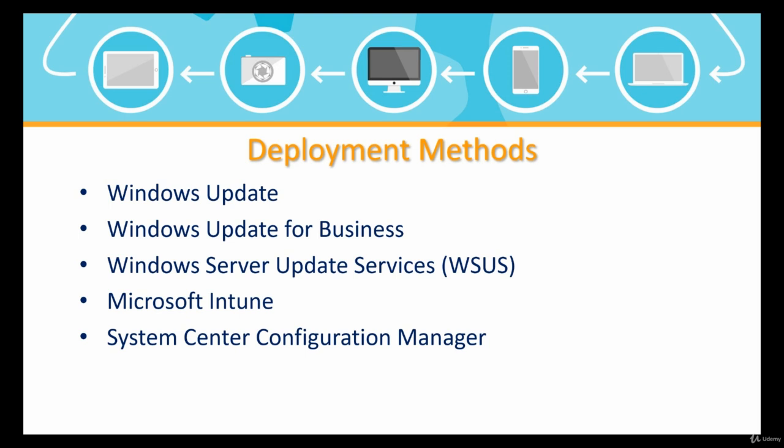The last method is called SCCM, System Center Configuration Manager. This is probably going to give you the most control over updates in an on-prem environment. Okay, but one thing I want to point out is that SCCM is not a standalone method for giving updates out to machines. It actually uses WSUS. So you actually have to have WSUS and SCCM, and SCCM is going to give you more control over WSUS.